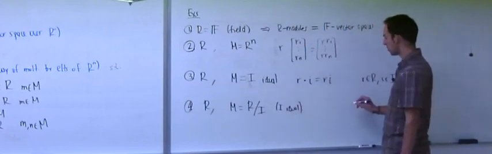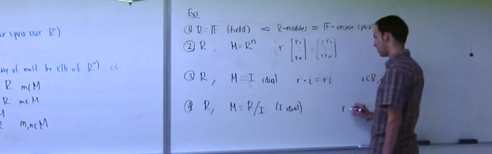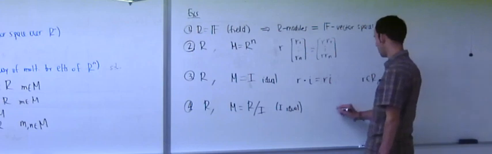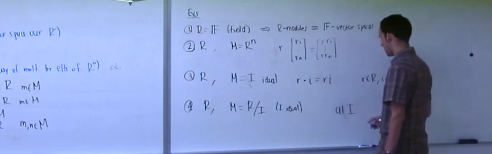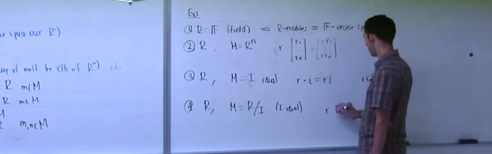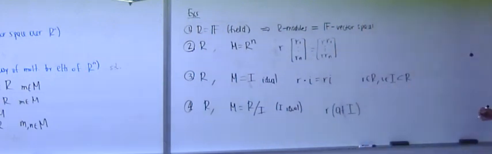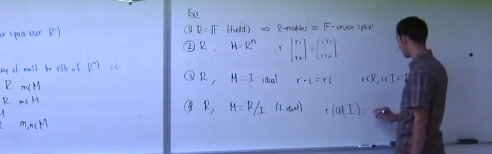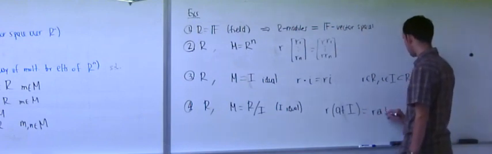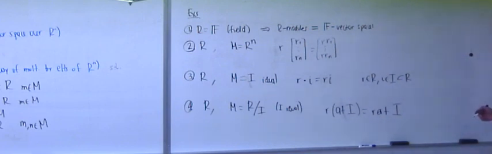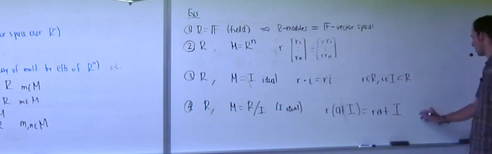We need a rule to take a coset of I, which maybe we can call a plus I, and multiply by a ring element. But again, the natural thing to do is to consider the coset of r a, and this works. Okay? For r in the ring and a in the ring.